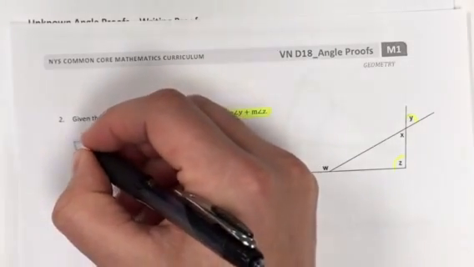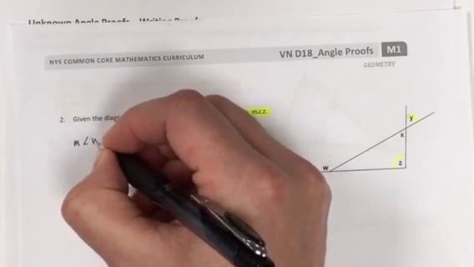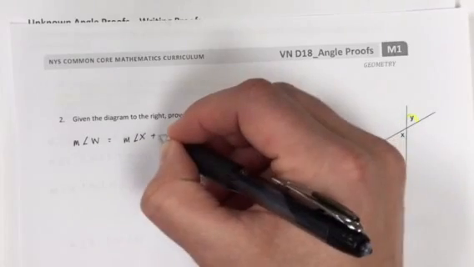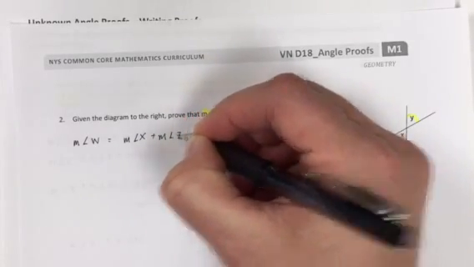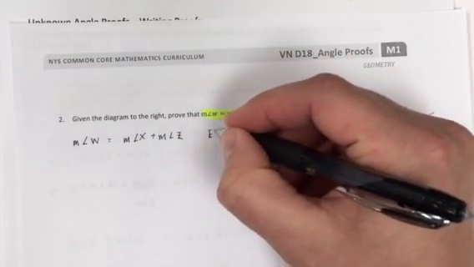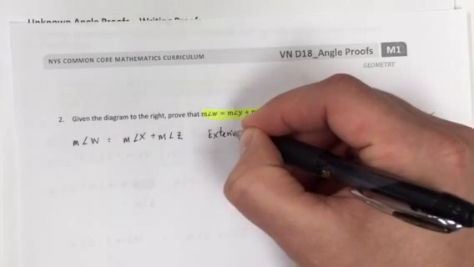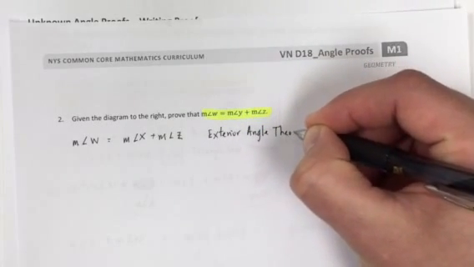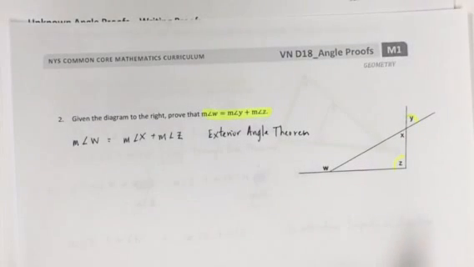And so right now, the measure of angle W is equal to the measure of angle X plus the measure of angle Z, and that's because of the exterior angle theorem. As we prove each of these theorems, it's really nice to add them to a list of tools that you can use in proofs.